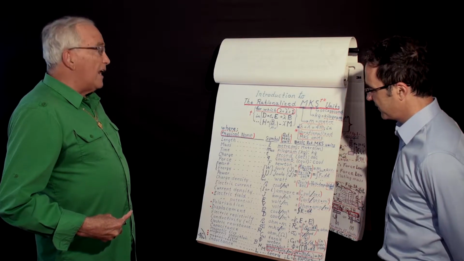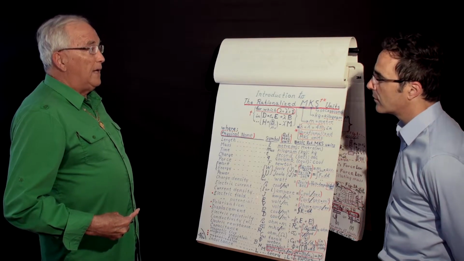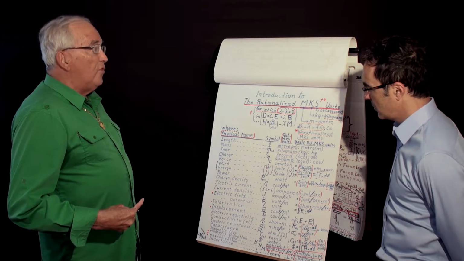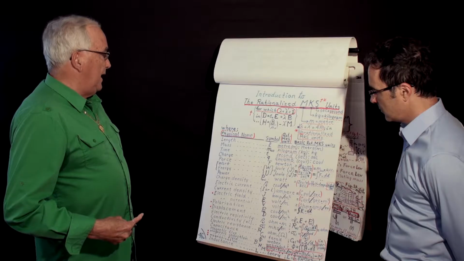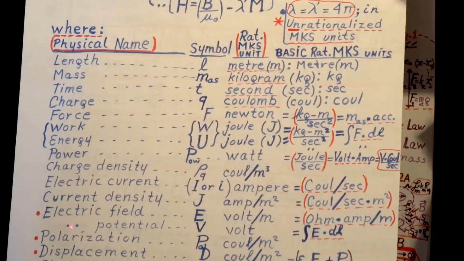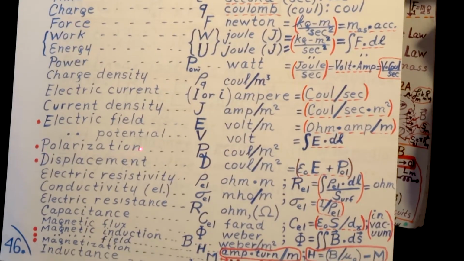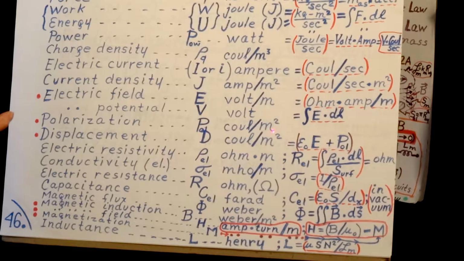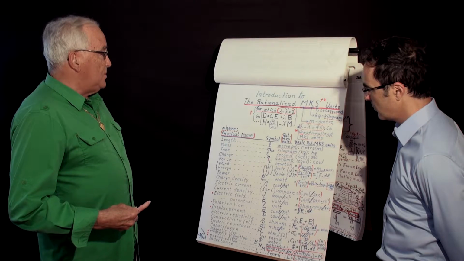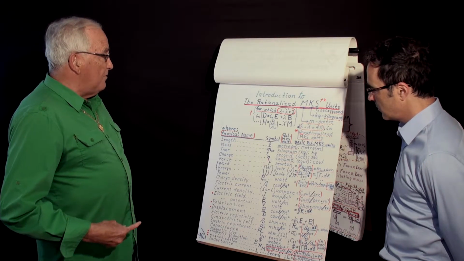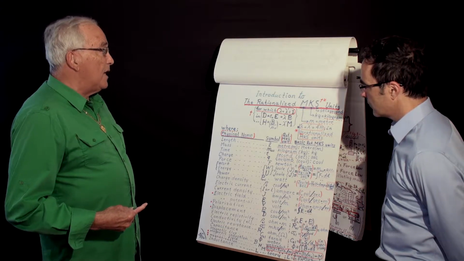But I don't like the E in this equation because for me, E is the electric field, and so I use W for energy or work. Einstein used E because he's mainly talking about mc squared. Okay. Electric potential, we use V for volts. Polarization unit is Coulomb per square meter. So Coulomb is the rationalized MKS unit.